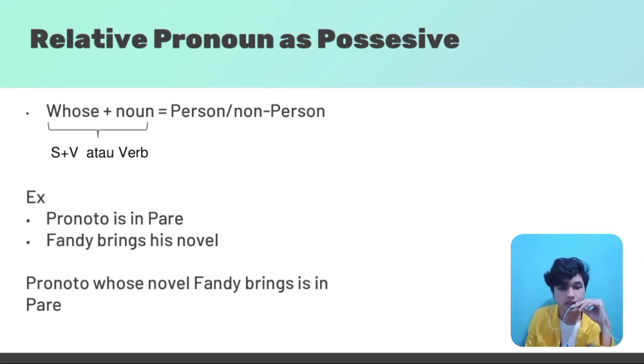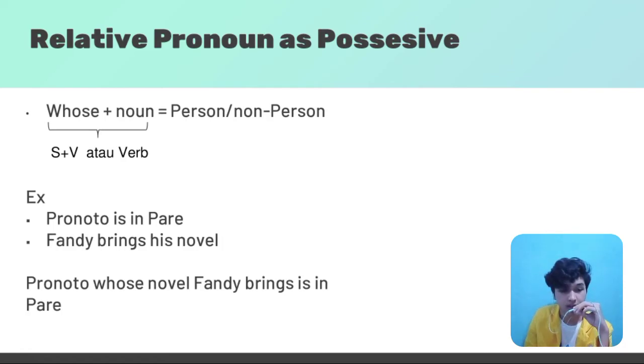His novel in the second sentence explains Pranoto's ownership in the first sentence. Because Pranoto is a person and he is also male, we use the ownership word his.